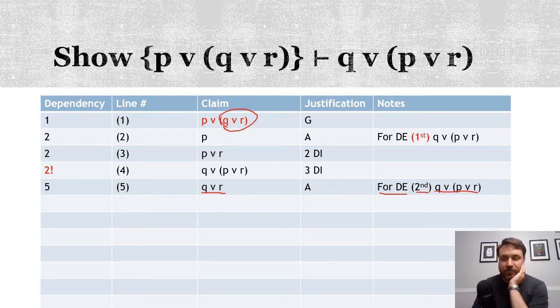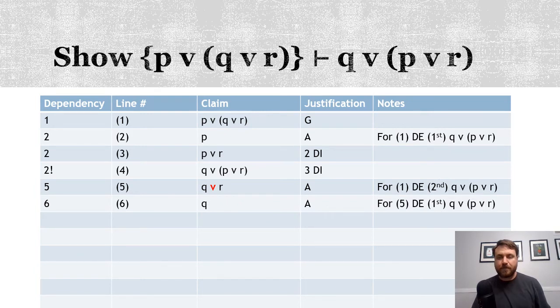Sometimes you'll do conditional proofs inside of conditional proofs, or RAAs inside of RAAs, or some combination of those several things. All right, so our first assumption, okay, is that we're gonna take this disjunction here. We're gonna assume the first half of it, and then we're gonna try and get again our target, Q wedge P wedge R.